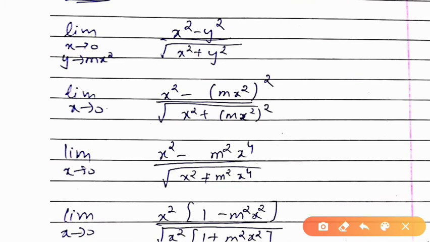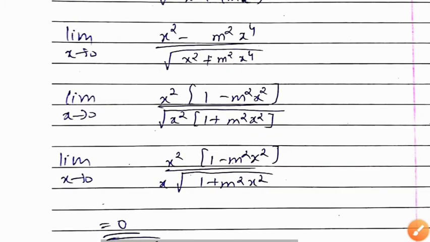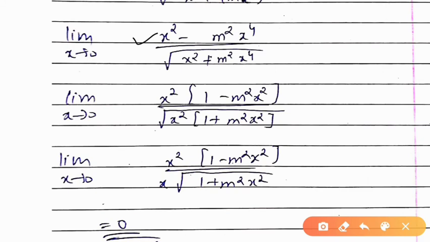Step 4 is limit x tends to 0, y tends to mx square. Now I will put here y equal to mx square. Here I have substituted in the next step. Now I will open this bracket. On opening the bracket, I will get m square x raised to 4. Same thing I will get in the denominator. Now from the numerator portion I am taking x square common, same way in the denominator portion.